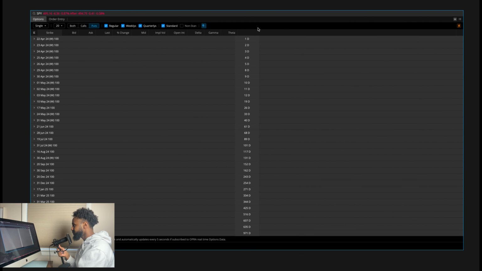Now, you have the option to select any of these expiration dates because options contracts expire, and those contracts need to be sold before expiration if you don't want them to expire worthless.